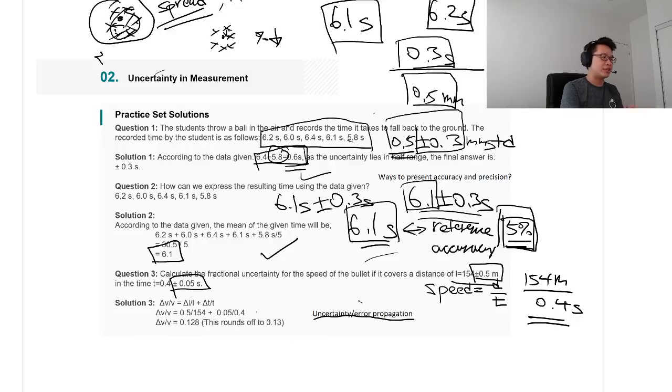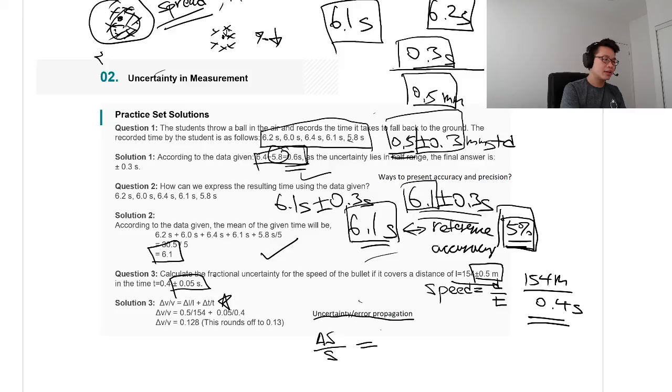So the equation is over here. If I elaborate, the fractional uncertainty of the speed over the actual speed will be equal to the sum of the fractional uncertainty in the distance and the time.